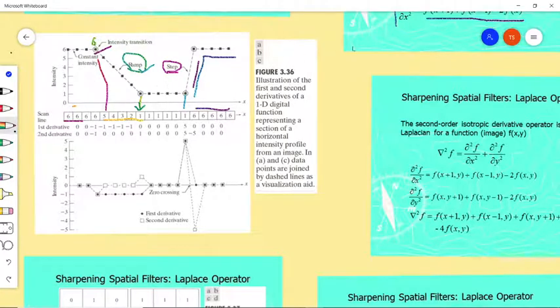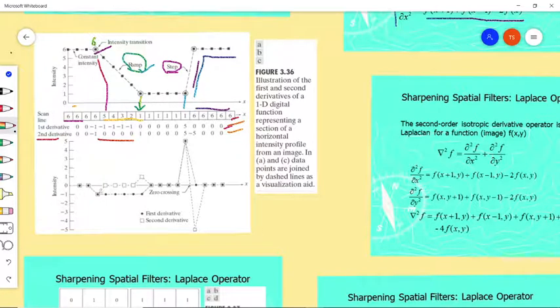And we discussed the first differential equation, the first derivative. From that equation, these are the values for these intensity values, and for the second derivative, these are the values we can get from that formula. From these first derivative values and second derivative values, and the original intensity values, we are plotting the graph.